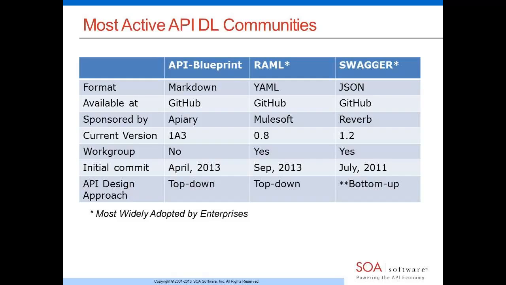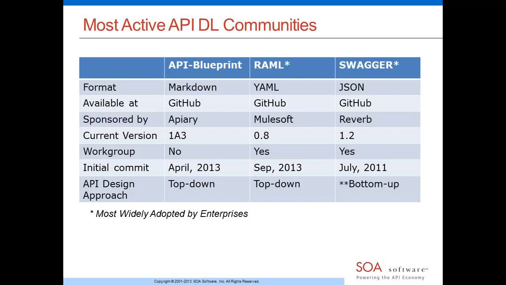Now, if you take a look at API Blueprint and RAML, they are top-down. Just like I said when I started this conversation, there are the four characteristics of an API description language. One is a blueprint. So you can blueprint it before you even begin coding, and that's what top-down really means.